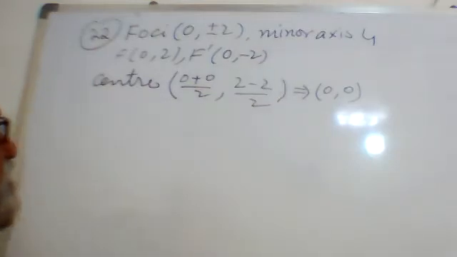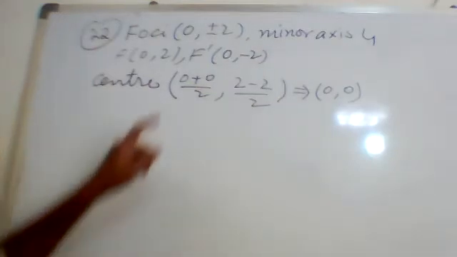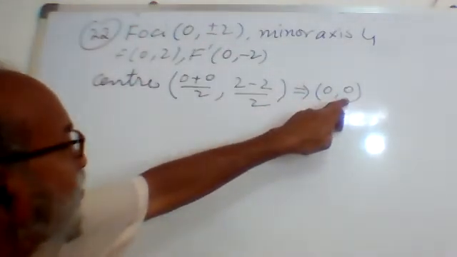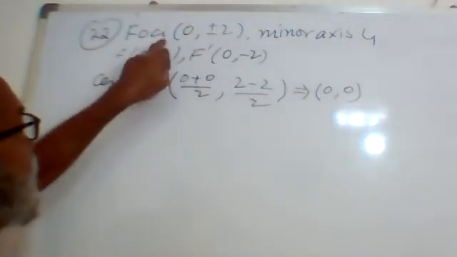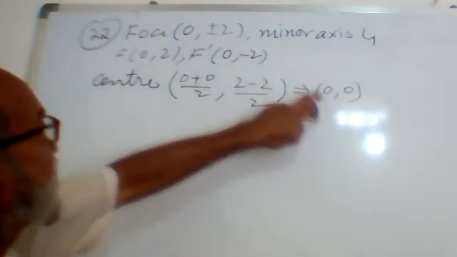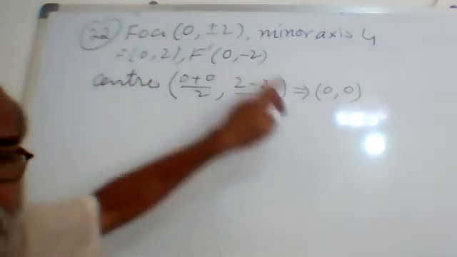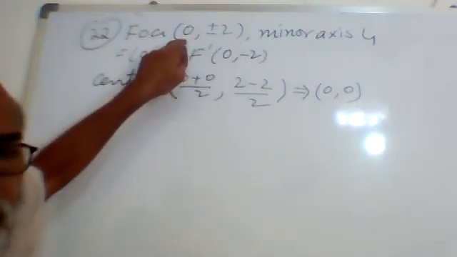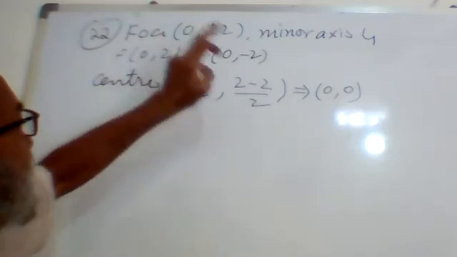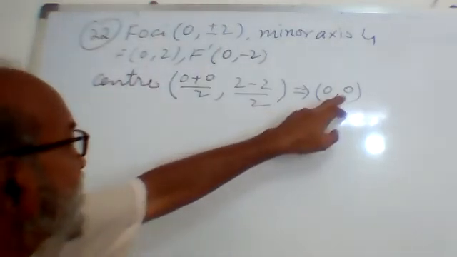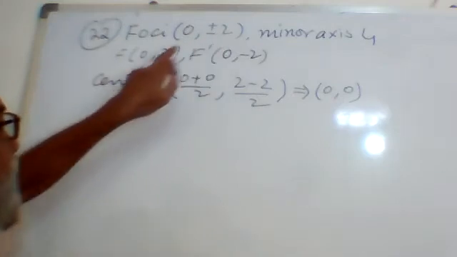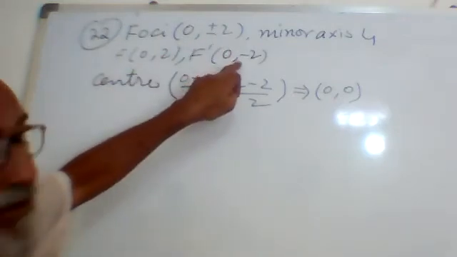Now this center and these foci are on the y axis. Which coordinate changes between the focus and the center? The x coordinate is 0 in the center and also 0 in the foci, so no change. The y coordinate is 0 in the center and plus minus 2 at the foci. One is plus 2, the other on the other side is minus 2.